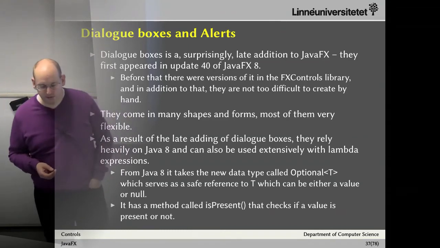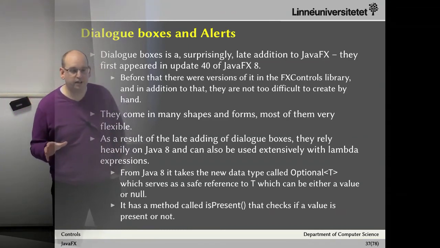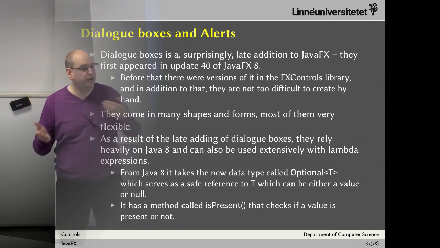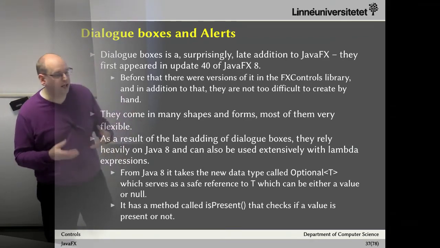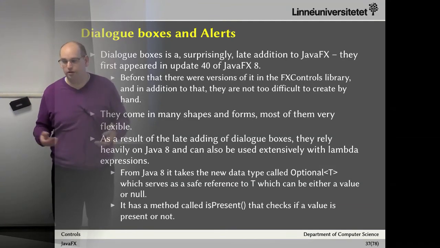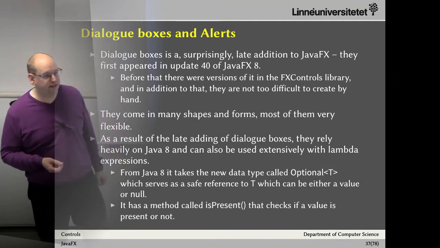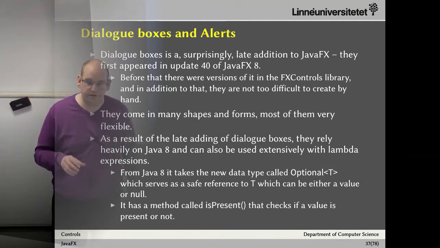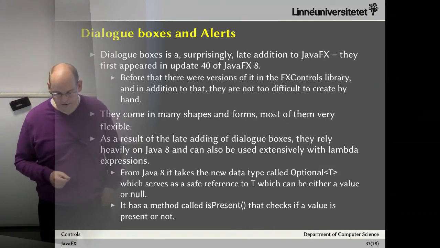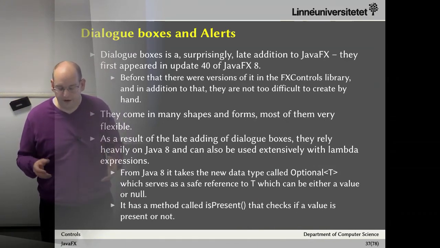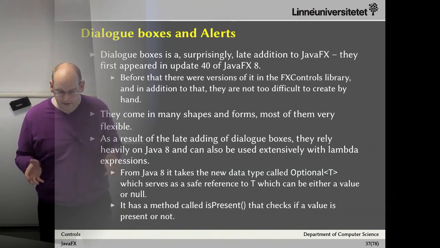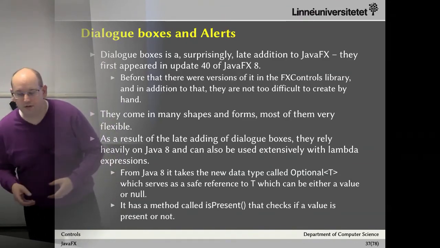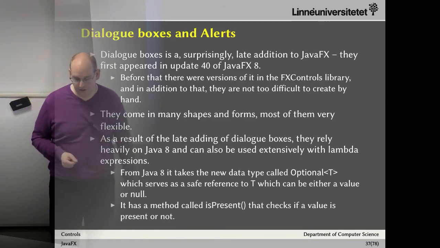So we will, for example, see that many of these examples later on, at least when we get something back from the dialog box, will use a data type called Optional. And Optional is a new data type introduced in Java 8, which tries to serve as a safe reference to T, whatever that might be, and check whether this has a value or if it is null, for example.